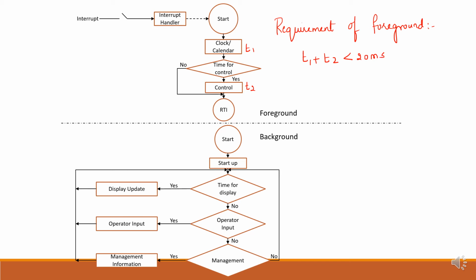So we have only one module to run. Clock and calendar module can only run on the control module because we don't have any other modules here. So clock and calendar module plus control module should run at every 20 milliseconds. So this is the requirement for foreground. Similarly, we can write requirement for background.